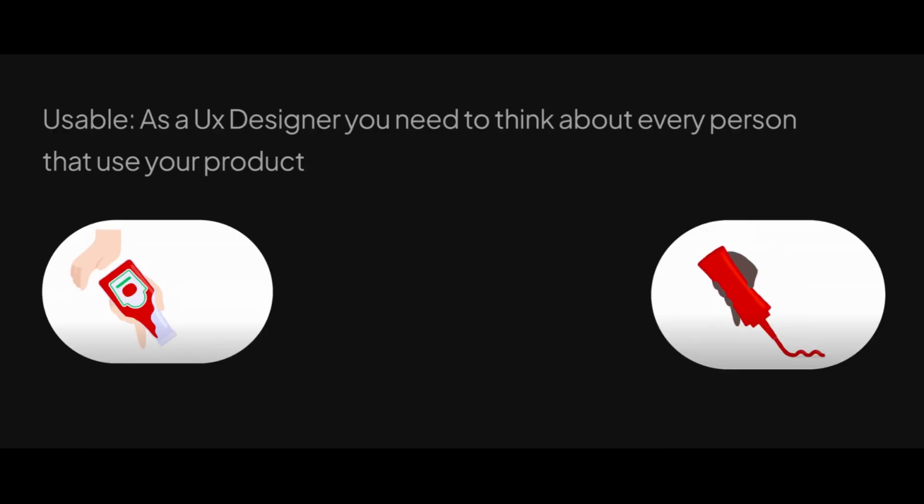So let's go further to explain usable. As a UX designer, you need to think about every person that uses the product. So this is an image of when ketchup was first designed. Ketchup was designed in a bottle like this. When people want to use that bottle, they have to start hitting the bottle for ketchup to come out.